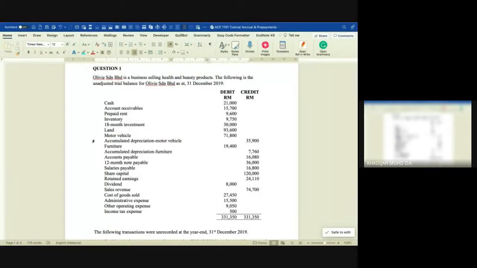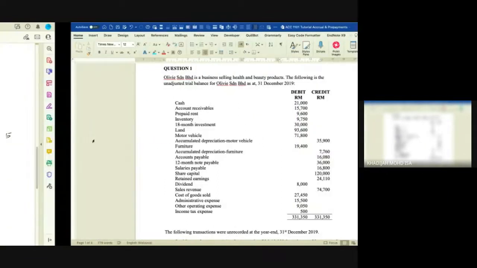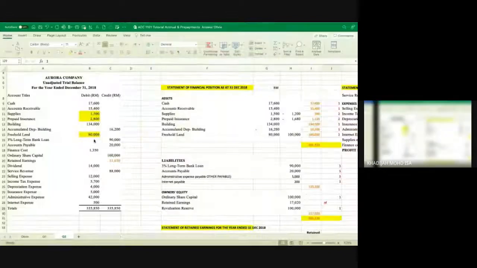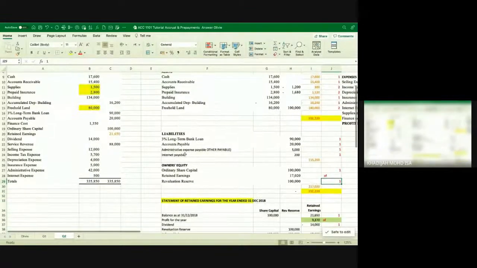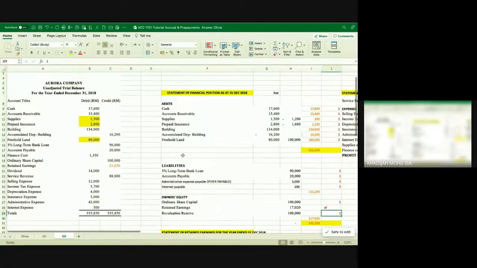If you think that you are still not so clear about how I'm doing this now, because after a few years of teaching, I think that in order for you to score in your exam, of course you must understand the double entries. You must know your debit and credit. But at the end of the day, you must answer what is required in the exam. The exam requires the financial statements.